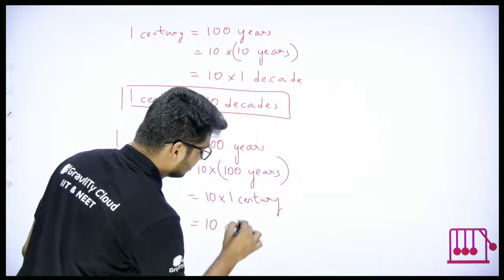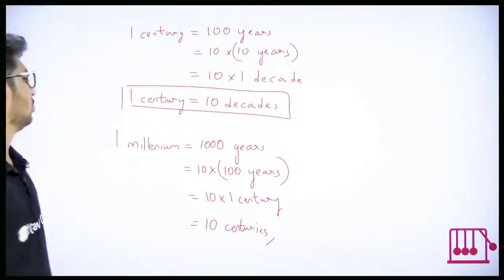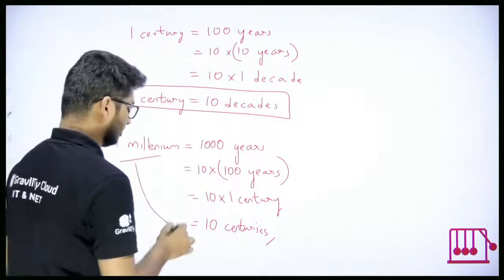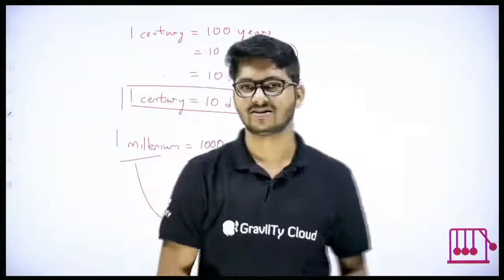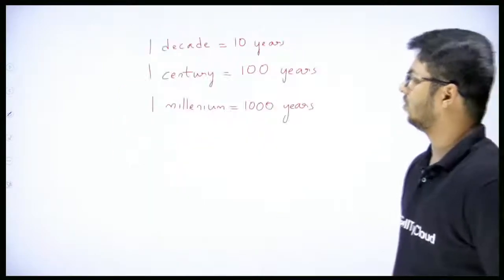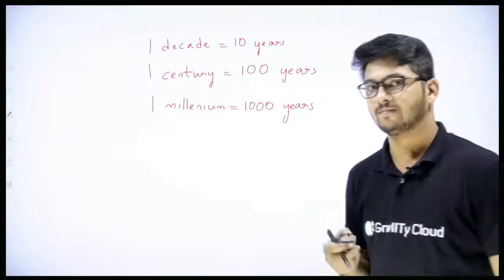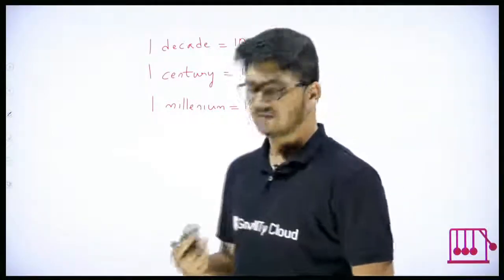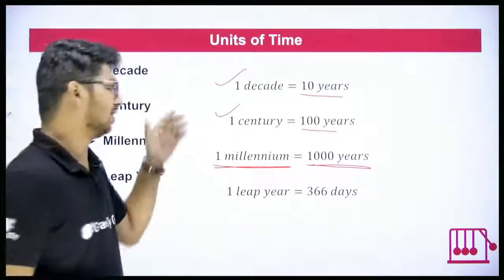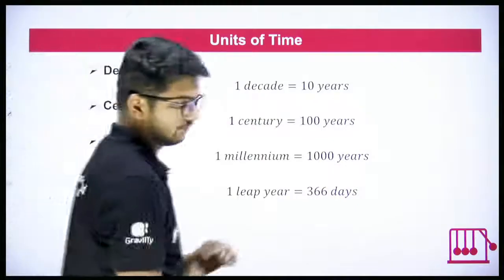So it is 10 centuries. Clear? So 1 millennium is equal to how much? 10 centuries. Got it? Good. So you have 1 decade, 1 century and 1 millennium. Now all this is okay, all that is clearly mentioned. Now there is one special case.